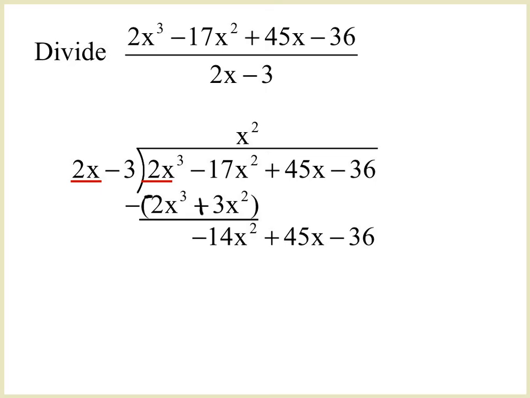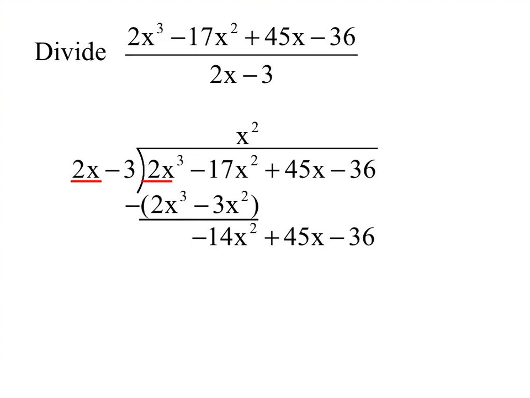Okay. My remainder is 14x squared. You can bring everything else down or just bring one term. Okay, so now what I've got is my 14x squared. 2x times what equals negative 14x squared? I'm going to have to multiply by 7x.